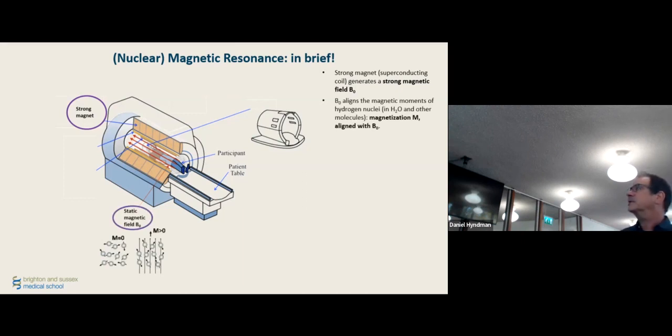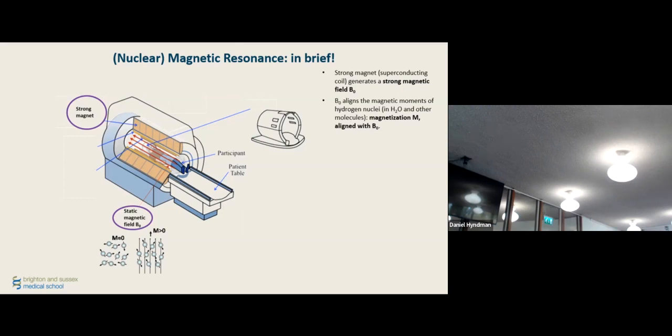What does this strong magnetic field do? Well, if we have magnetic material, and we know that magnetic material abounds in nature, but one particular magnetic material of interest to us are the nuclei of hydrogen atoms, the protons. They're actually tiny little magnets. We call them magnetic dipoles. And those magnetic dipoles are oriented randomly in space when there is no magnetic field. But when we switch on the magnetic field, which is always on, they align themselves, some parallel, some anti-parallel to the external magnetic field.